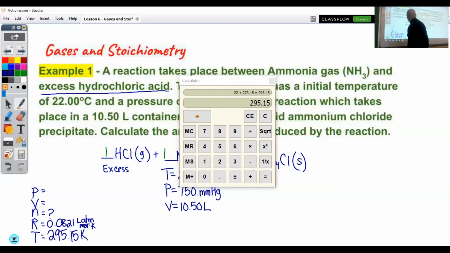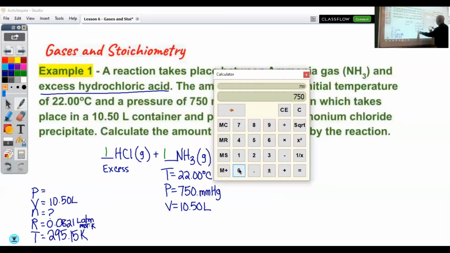We know our volume in this case because it was given to us in the problem as 10.50 liters. And finally, we know our pressure, but since our pressure is in mmHg, we're going to divide this by 760 to get 0.987 atm.